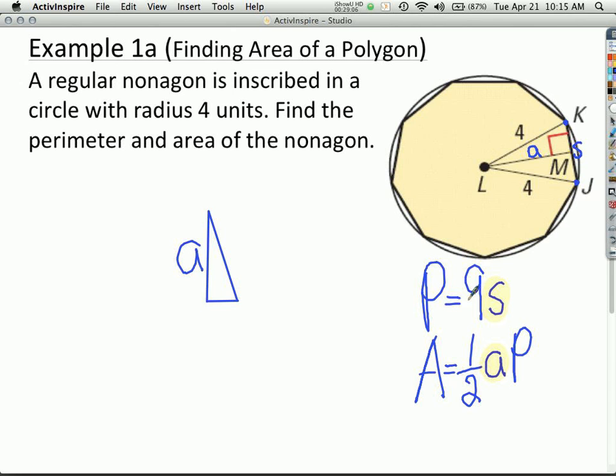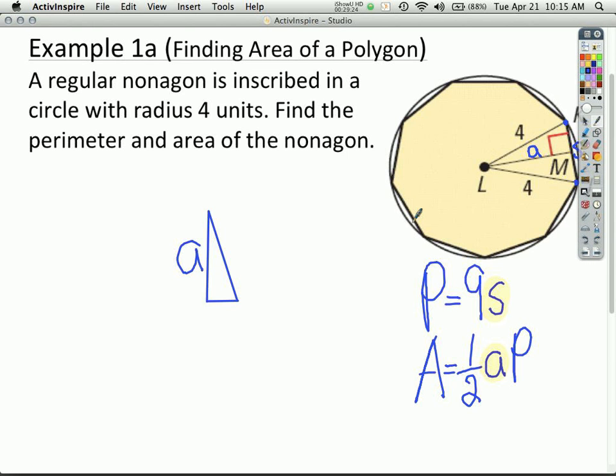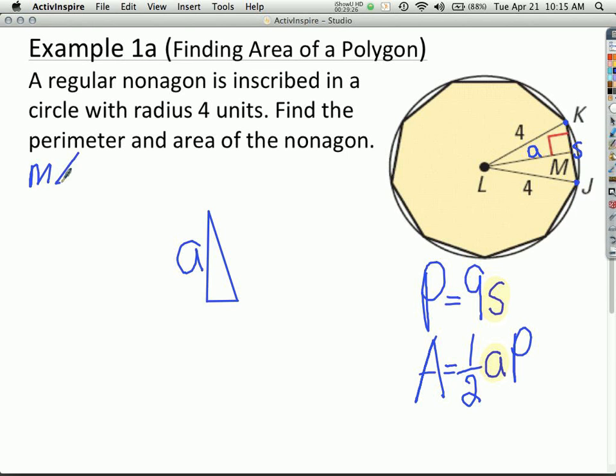So I found the central angle to be 40 degrees. Okay, so hold on. Tell me the name of the central angle. Center angle L. Well, you can't say angle L because KLJ. Okay, so angle KLJ is where you started. So the measure of angle KLJ, you say is what? 40 degrees. How did you get that?